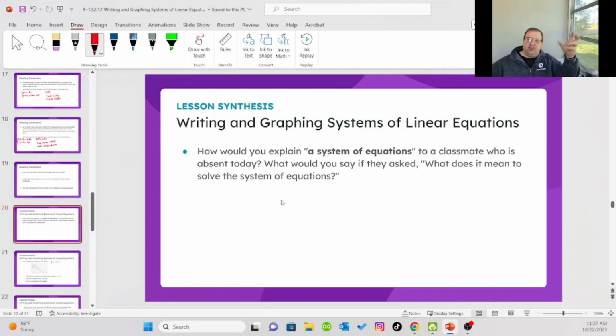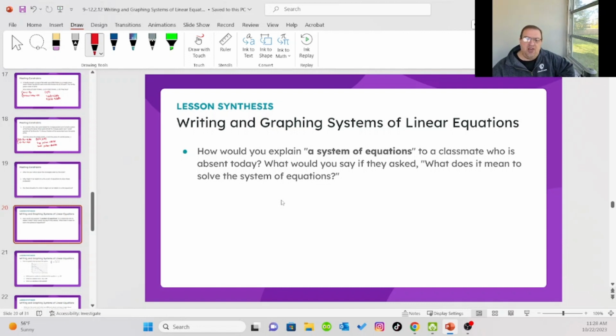So it's representing the same situation. They're both representing the raisins and walnuts, but one is representing the physical quantity of them, and the other is representing the cost of them. When we mean the solution or solving the system of equations, we're looking for the combination point pair that makes both of those true.